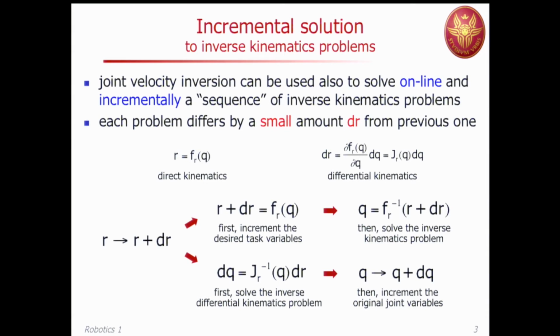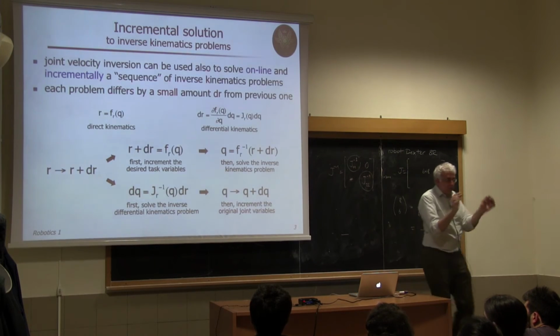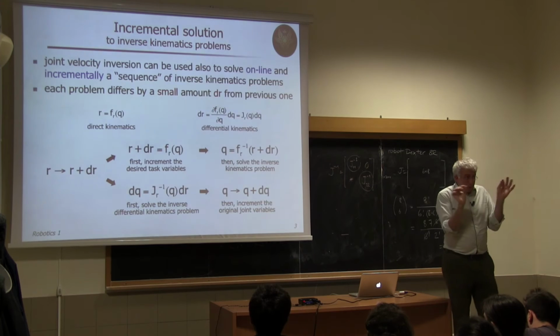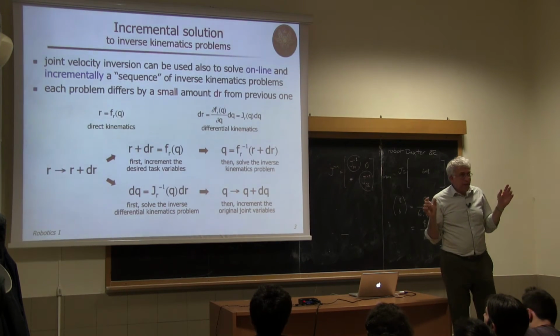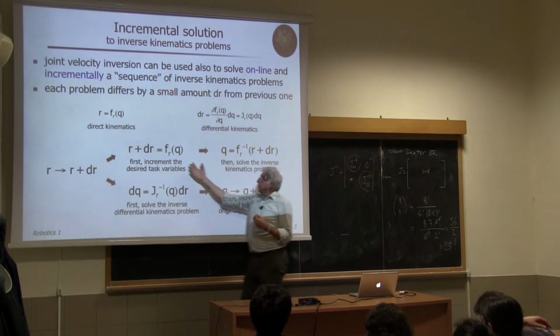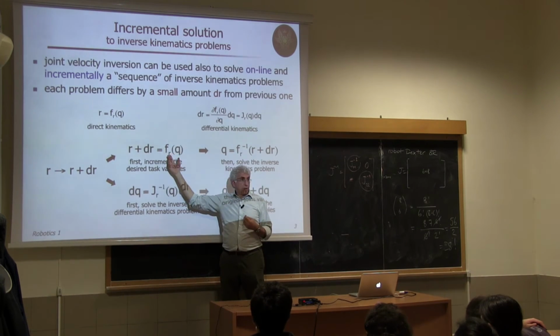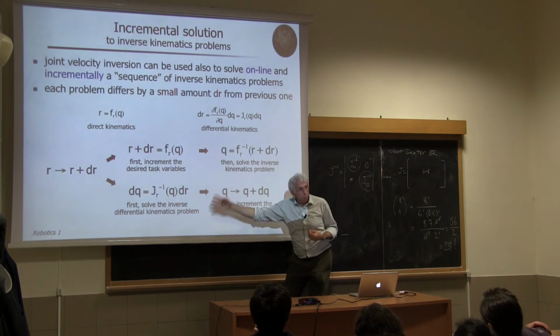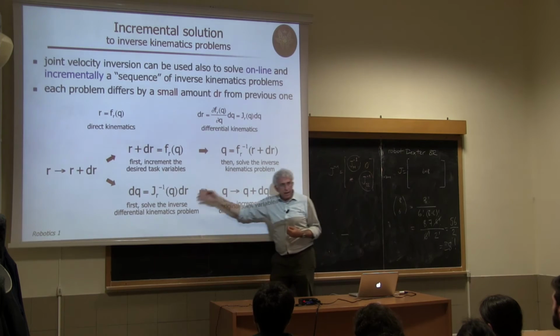You had found already a solution to the inverse kinematic problem before. Now you're adding this increment, and then you are in a new configuration, and you're done. Provided that the variation is small, this works. And it's nice to appreciate also the fact that you may not have an inverse kinematic function in closed form, but you always have a Jacobian, and you can always invert the Jacobian. So this is a handy way.